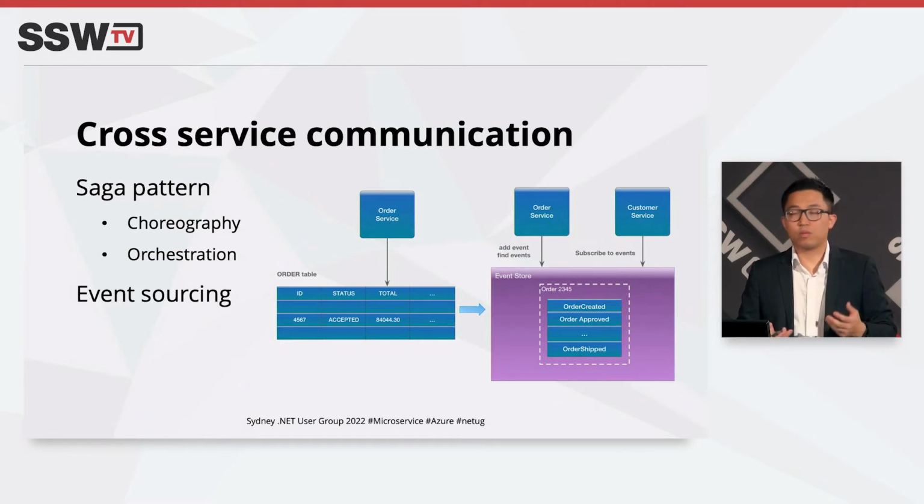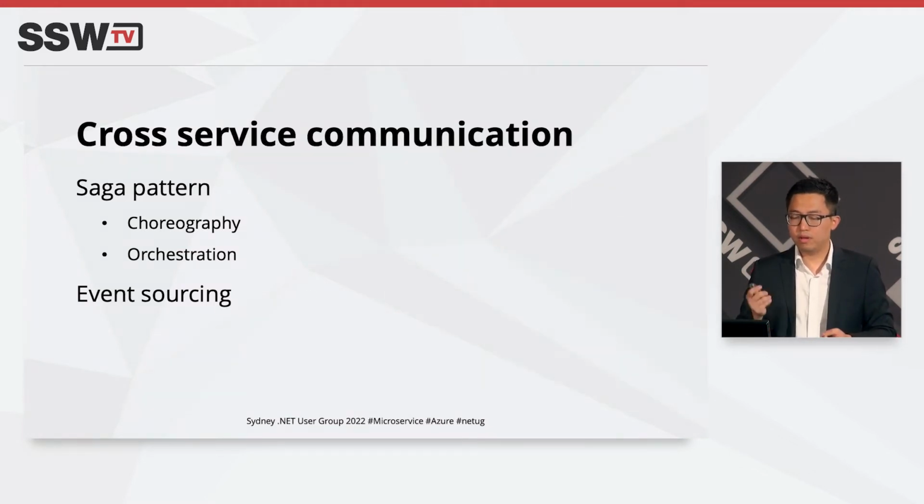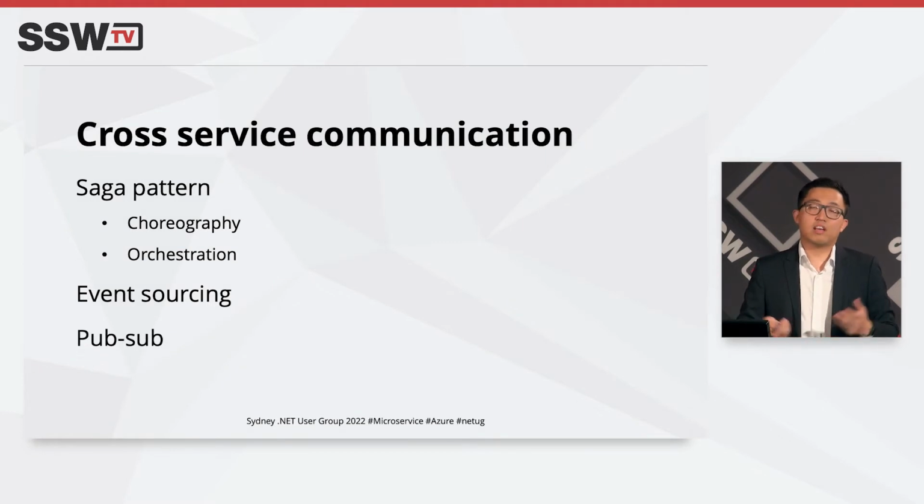Well, we want a better way to trace the events and potentially a better way to rewind or replay a certain event. And there has to be some sort of pub-sub messaging system to support this pattern, so the messages can easily be communicated. We don't want to call other services directly.